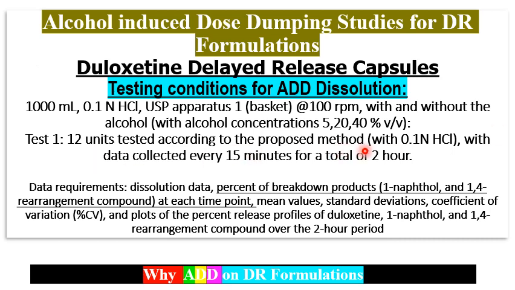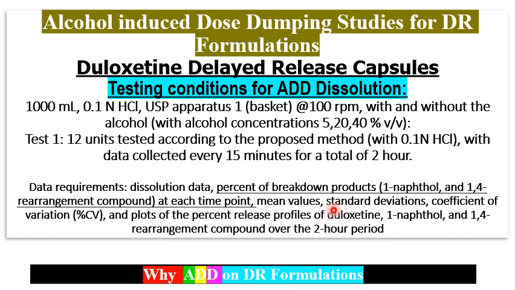So 12 units are required to be studied till 2 hours and data is to be collected every 15 minutes. See, the data requirement is for dissolution data and also for the percentage of breakdown products. These are the impurities or degradation products, 1 naphthol and 1 for rearrangement compound, at each time point.